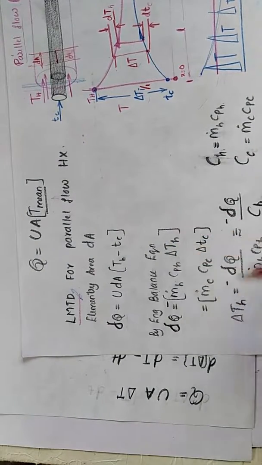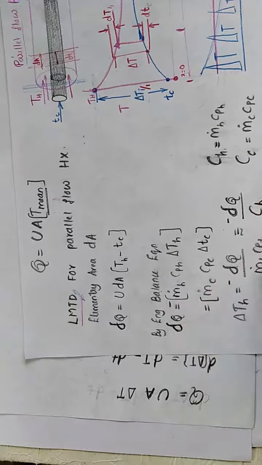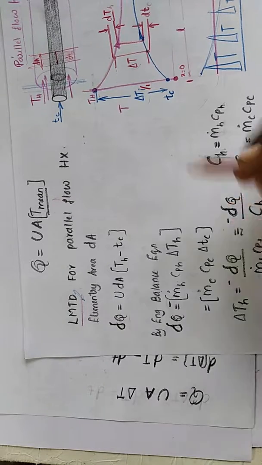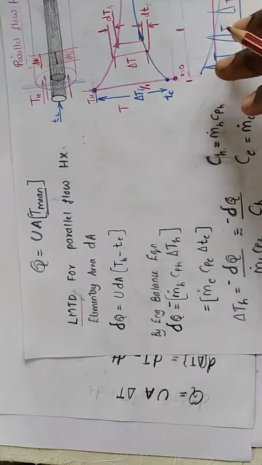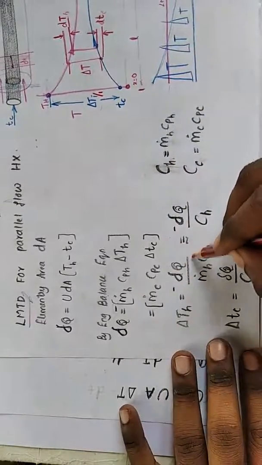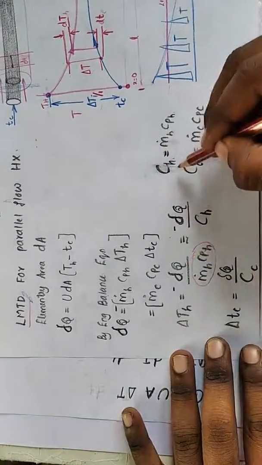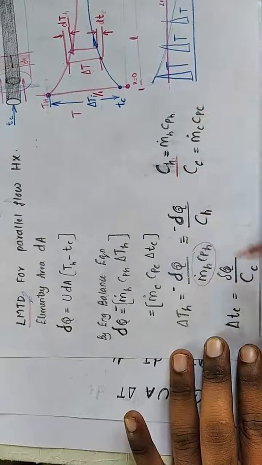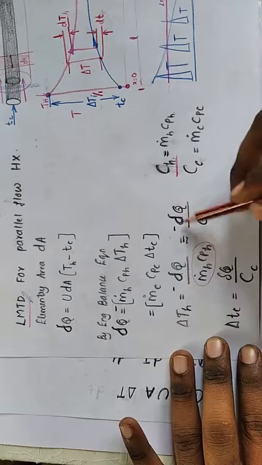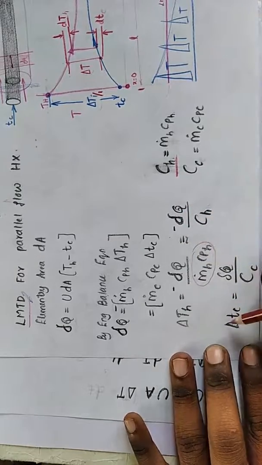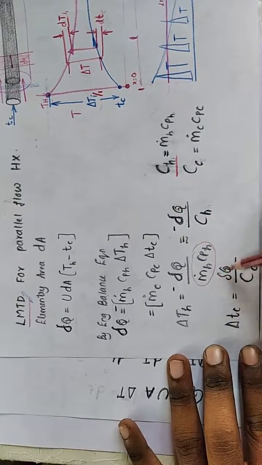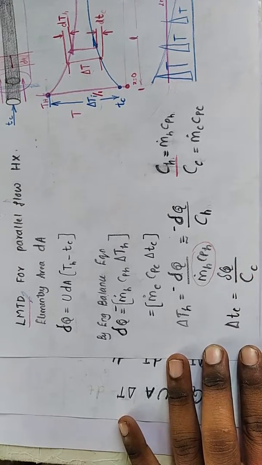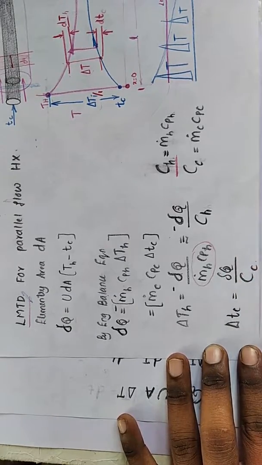Now from this equation, dTh is equal to minus dQ by m dot h into Cp of h. This m dot h into Cp we can write as capital Ch, the total heat capacity of the hot fluid. So dTh is minus dQ by Ch. Similarly, dTc is dQ divided by capital Cc, the total heat capacity of the cold fluid.